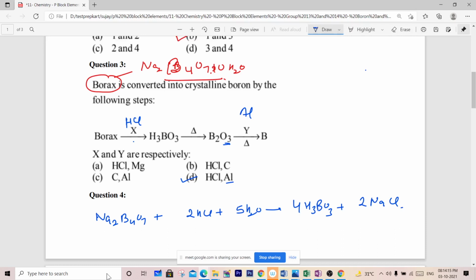The first step is this, and B2O3 just needs aluminum here. It will get converted to boron. Understood?